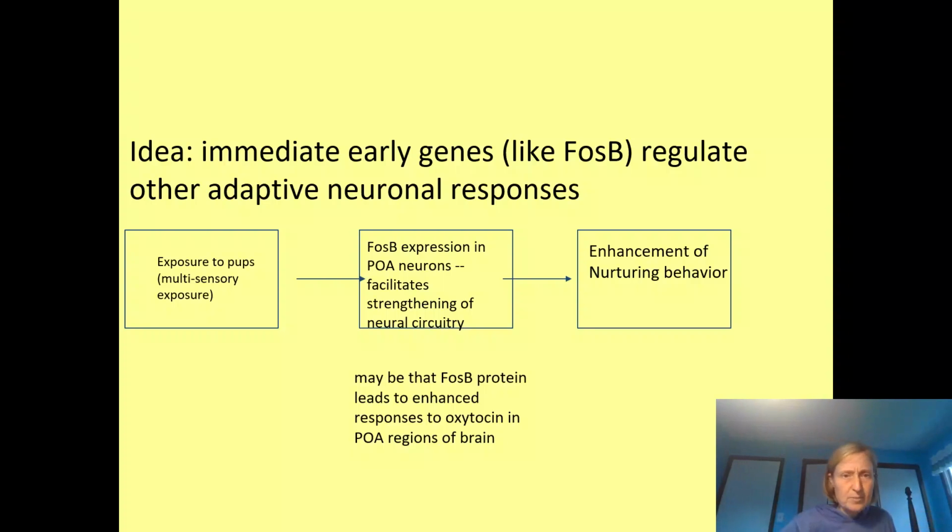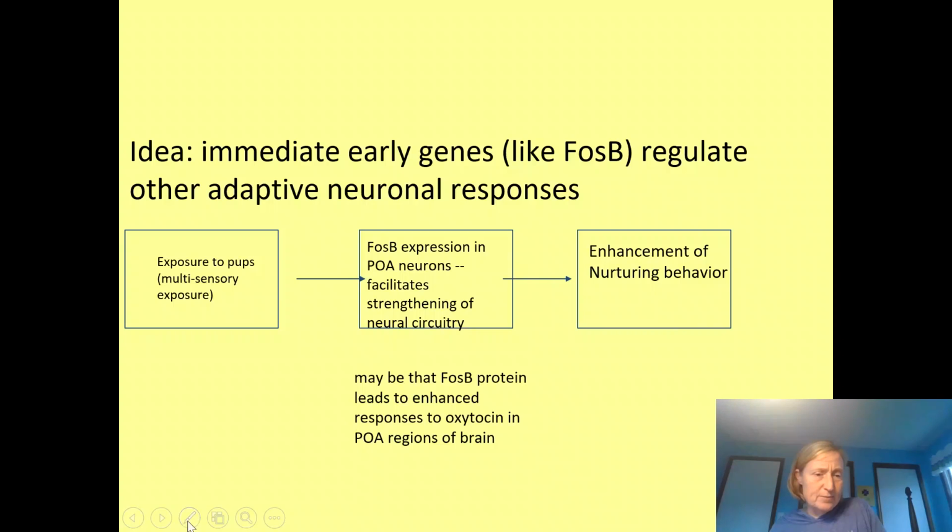They see the pups, they smell the pups, they hear the pups, something like that. And that triggers FOSB expression. So you start to see this gene being expressed in parts of the hypothalamus. And that in some way facilitates the strengthening of neural circuitry that enhances nurturing behavior.